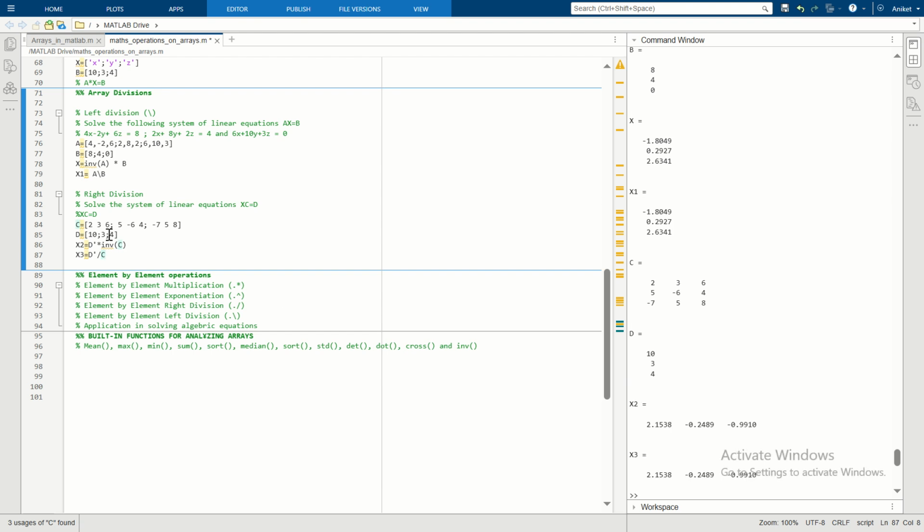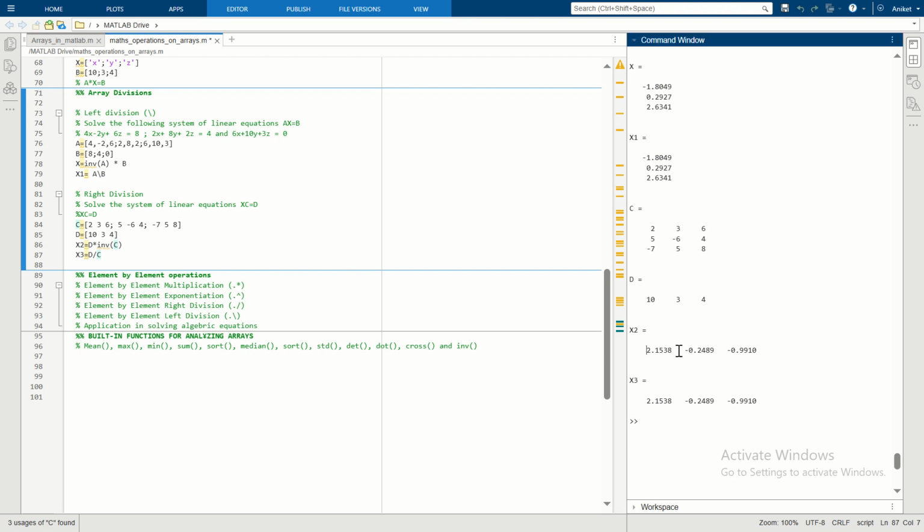Okay, so this d must be a row vector if we want to perform the right division. I was unaware of that, and now you can see the values are the same.